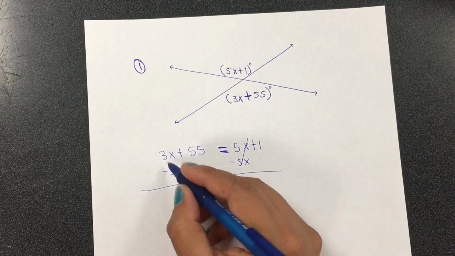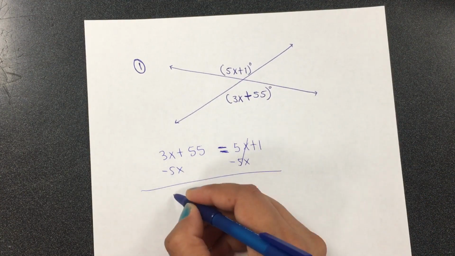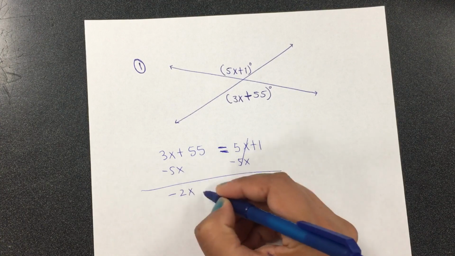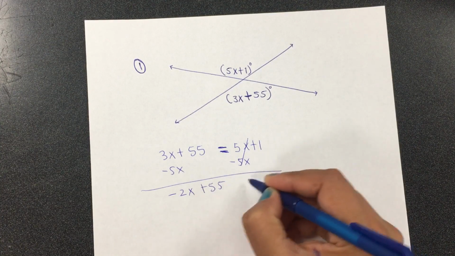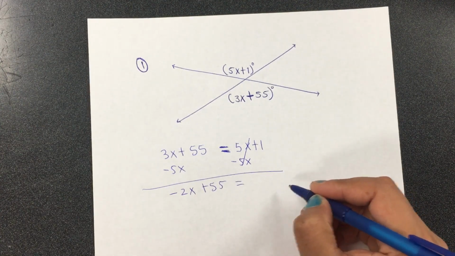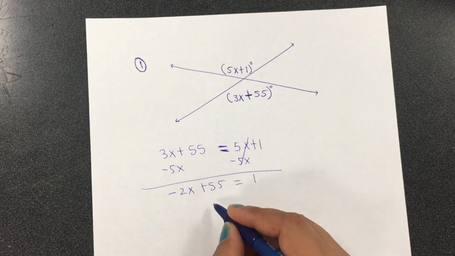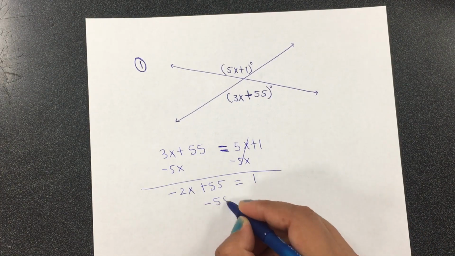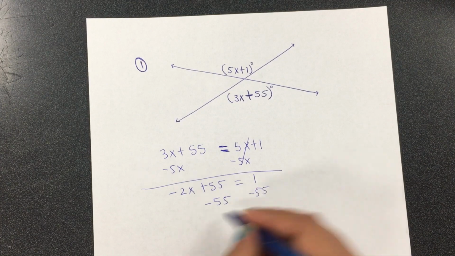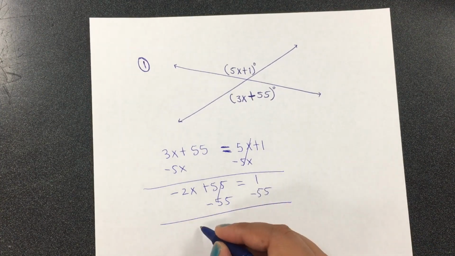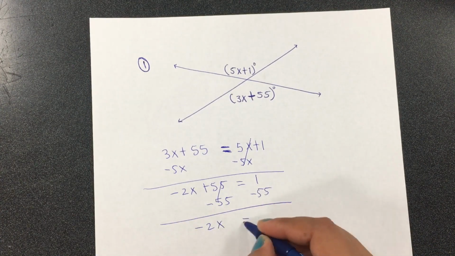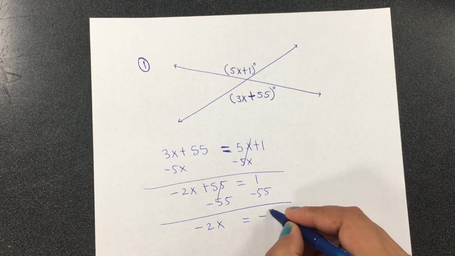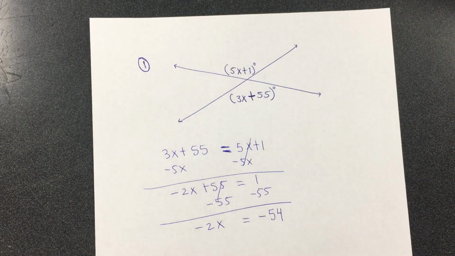This cancels and I get 3x minus 5x is negative 2x plus 55 equals 1. I subtract 55 from both sides, and so I get negative 2x is equal to negative 54. Why?